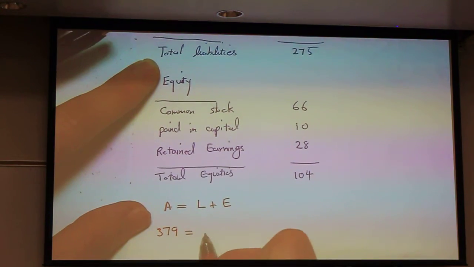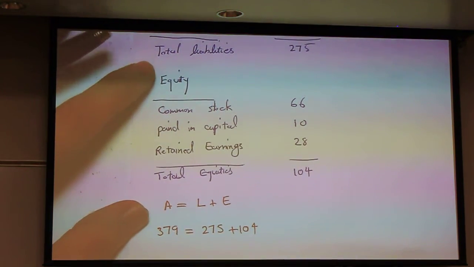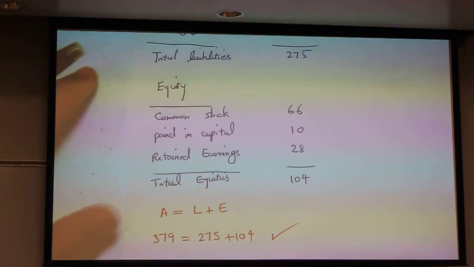Moment of truth. 379 should be equal to 275 plus 104. Check. I'm good.